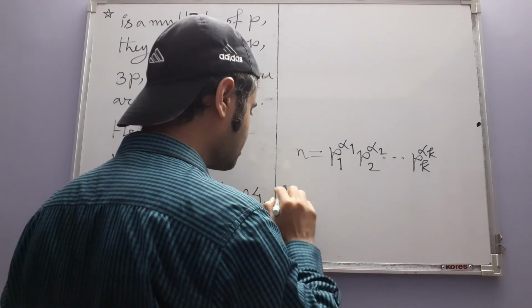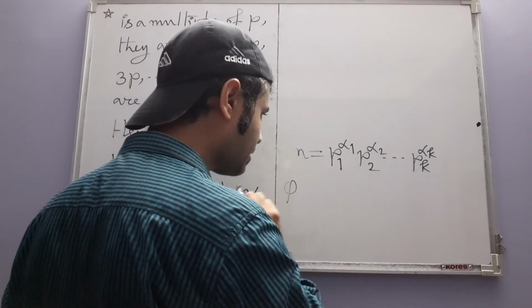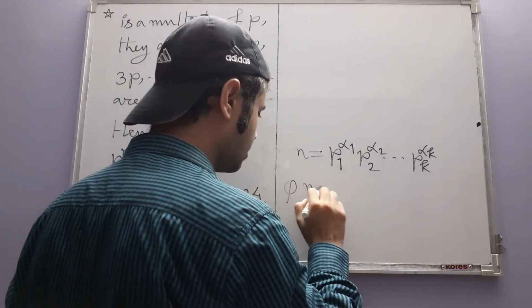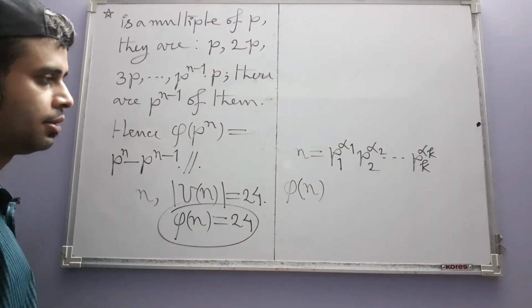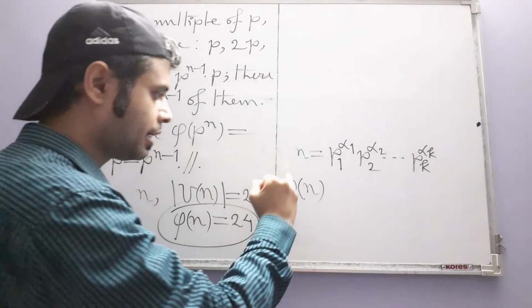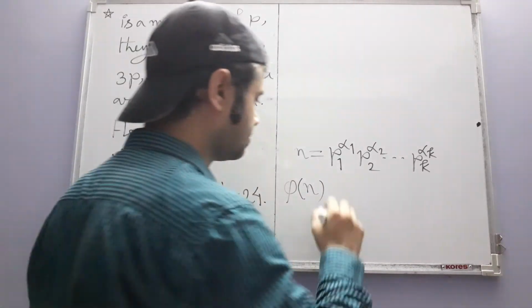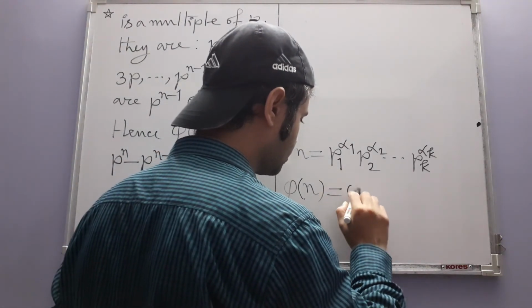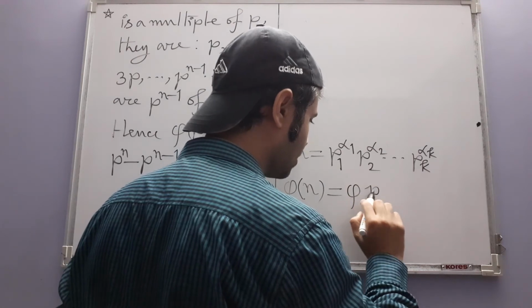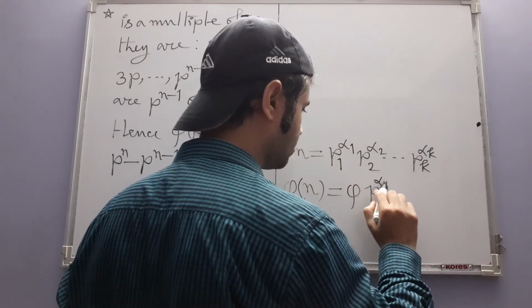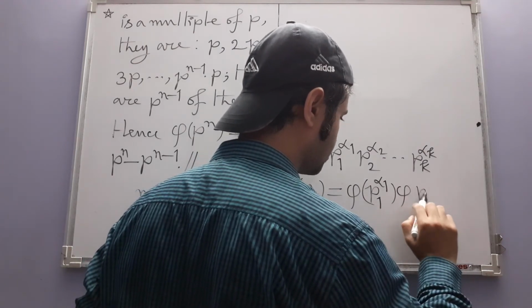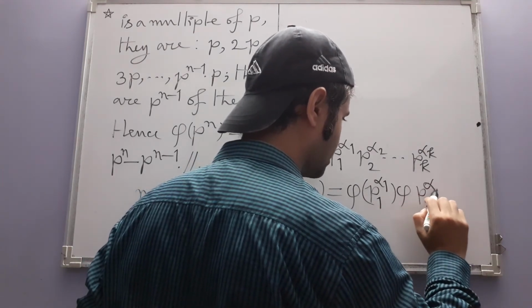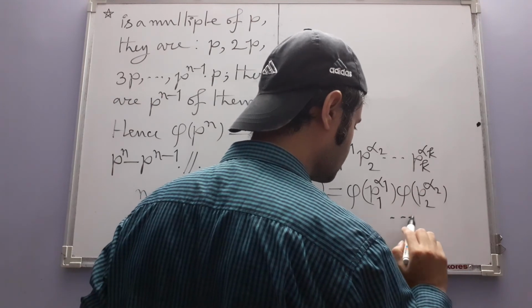So I am considering all the exponents to be positive. Then first of all, that result says that because phi is a multiplicative function, calculating the phi value at n is the same as calculating these phi values individually and then taking their product. So because of that, we first of all have this.